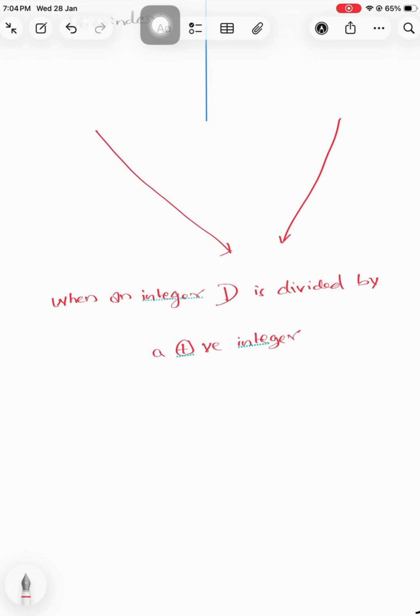So let's take an example just to understand the range of remainders.